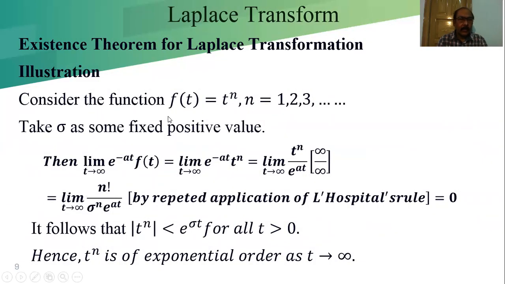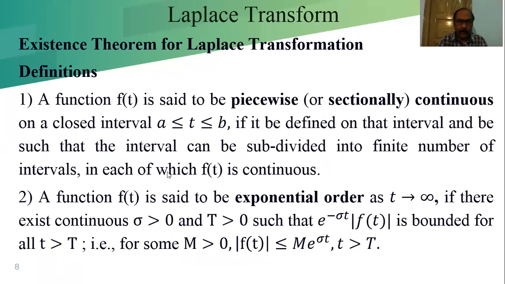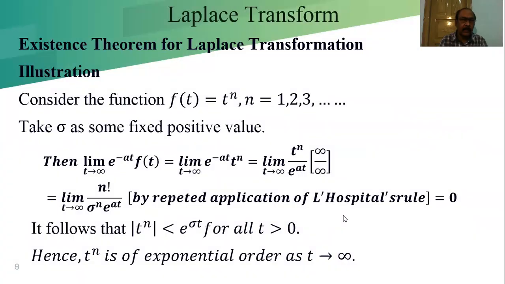So considering a function, t to the power n, for our illustration, where n is 1, 2, 3, 4 and so on. Take sigma as some fixed positive value. Then we are multiplying e to the power minus sigma t. Instead of sigma, we are considering it as a.